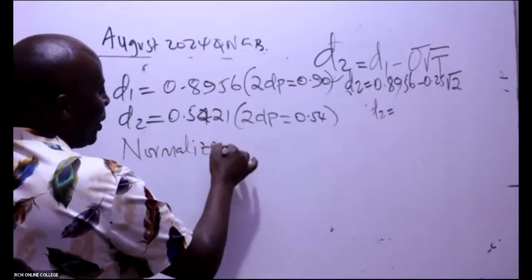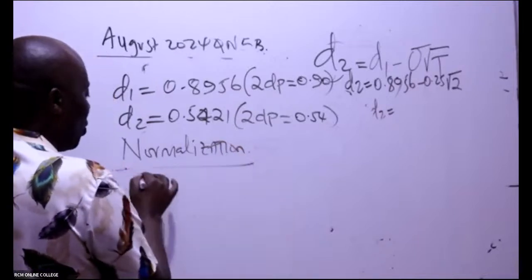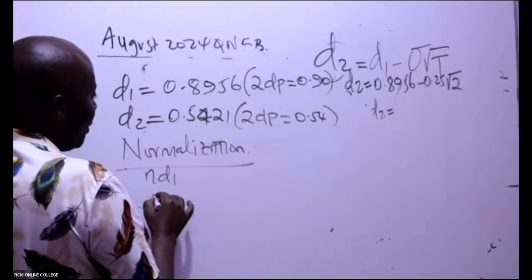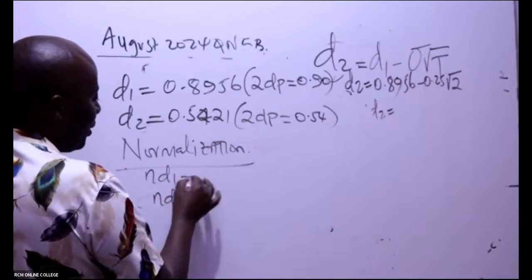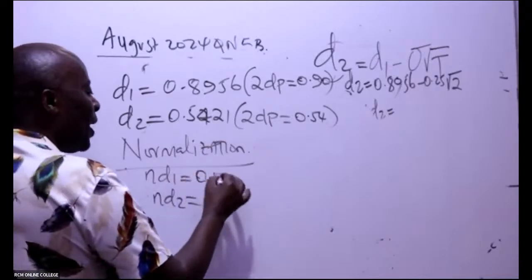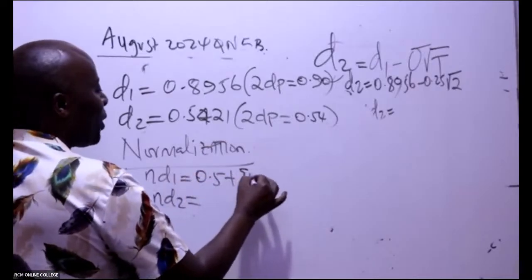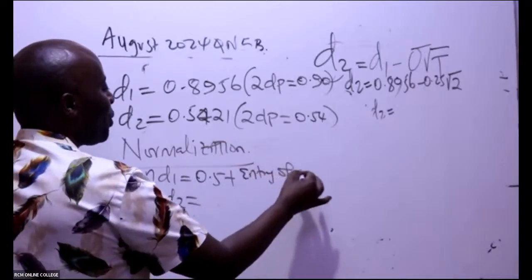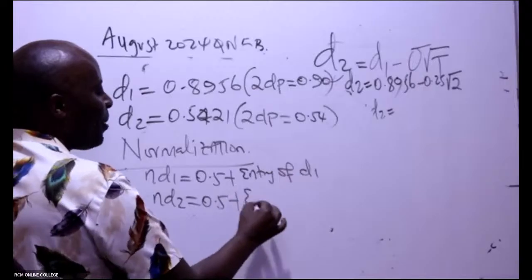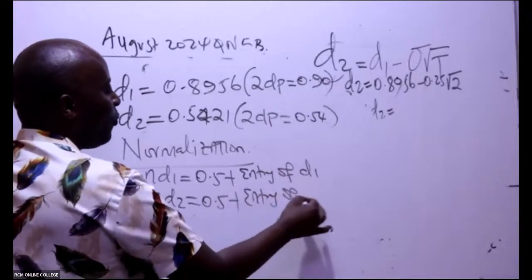Normalization. Now you give us what we call ND1, and then ND2. ND1 will be 0.5 plus N of D1, and ND2 will be 0.5 plus N of D2.